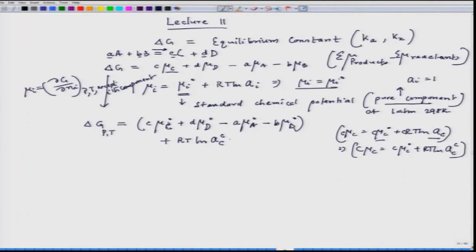So, then let me write accordingly R T ln A D to the power D minus R T ln A A to the power A plus R T ln A B to the power B.